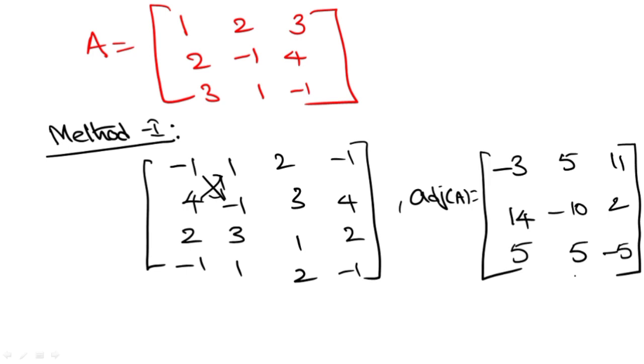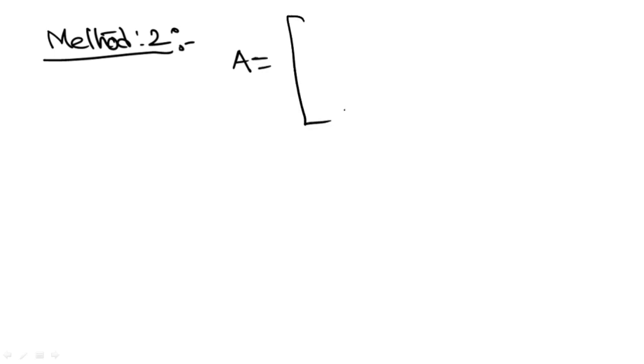Okay. Now go by the second method. I would like to go by method 2. So I have the given matrix A: 1 2 3, 2 minus 1 4, 3 1 minus 1.